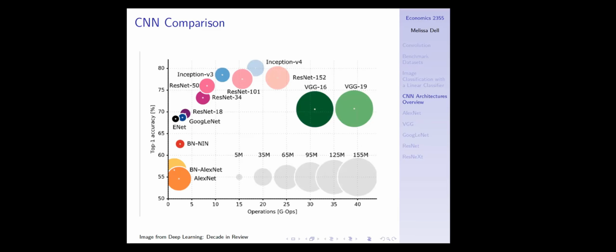And you see that they're able to get the top one accuracy way up. And the top 5 accuracy is essentially close to 100%. And they're able to do that, it has more operations, but it's not going to require dramatically more memory usage.